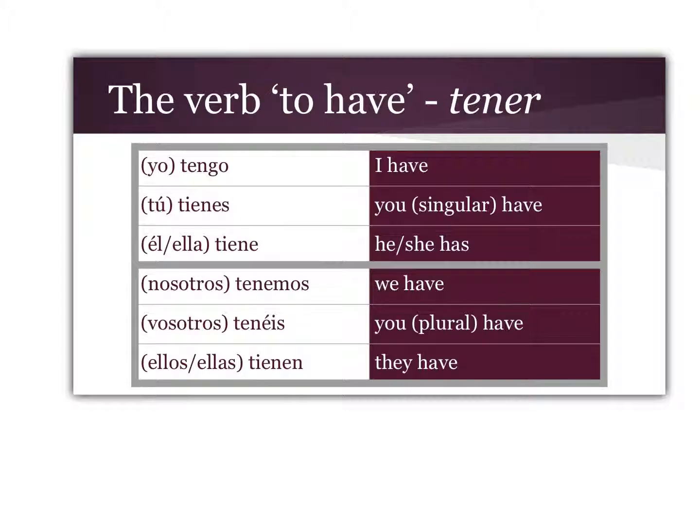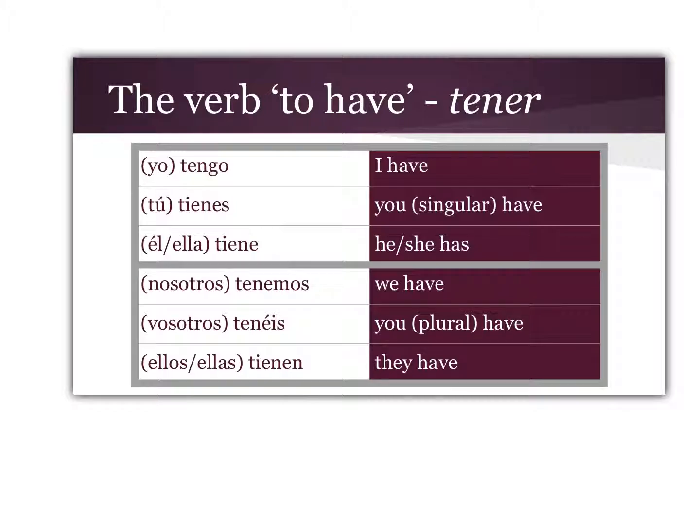We also need to ask ourselves the question why the words at the beginning of each box are in brackets. Yo, I, tú, you singular, él, he, ella, she, nosotros, we, vosotros, you plural, ellos, they, or ellas, they, masculine, feminine. The reasons why they're in brackets is that in Spanish we often don't need to use them.